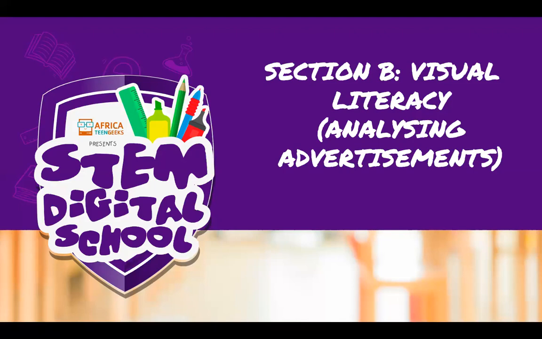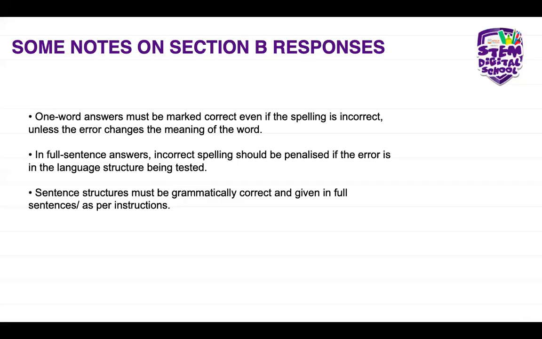So, but under normal circumstances in an exam, visual literacy will definitely fall under section C. Usually you've got your cartoon, and then you've got your advertisement, and then you have your language in context, or language structures and conventions. Yeah, okay.